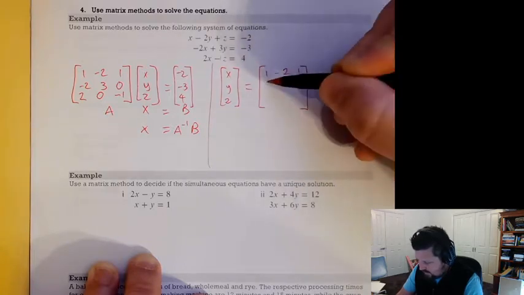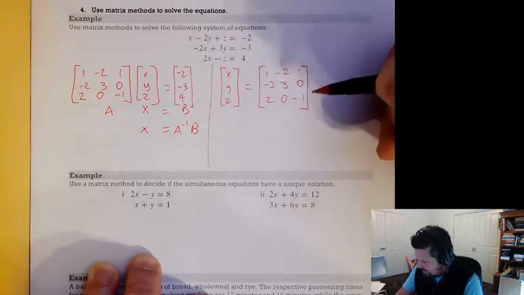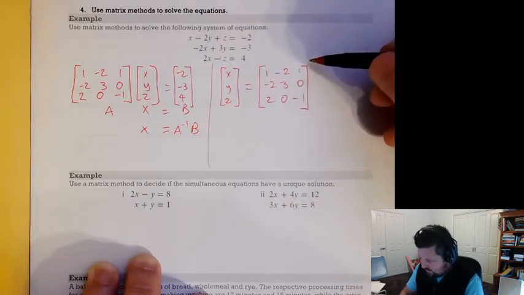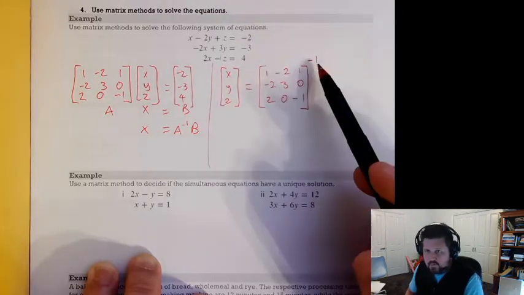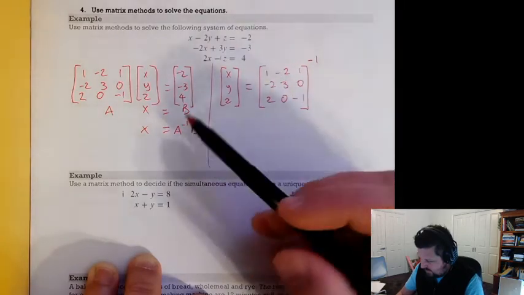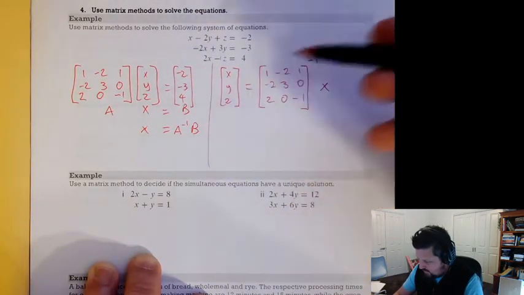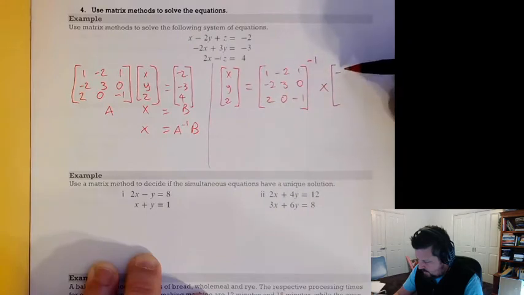So I'm writing it out. That's to the power of -1 there, so that's the inverse of A. That gets multiplied by this matrix B: -2, -3, and 4.